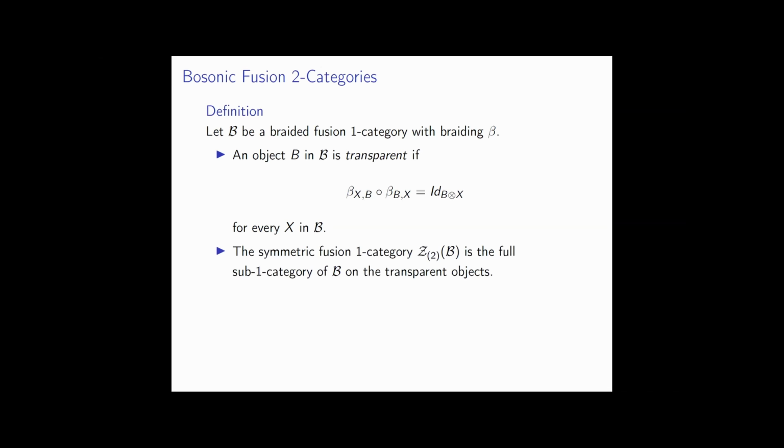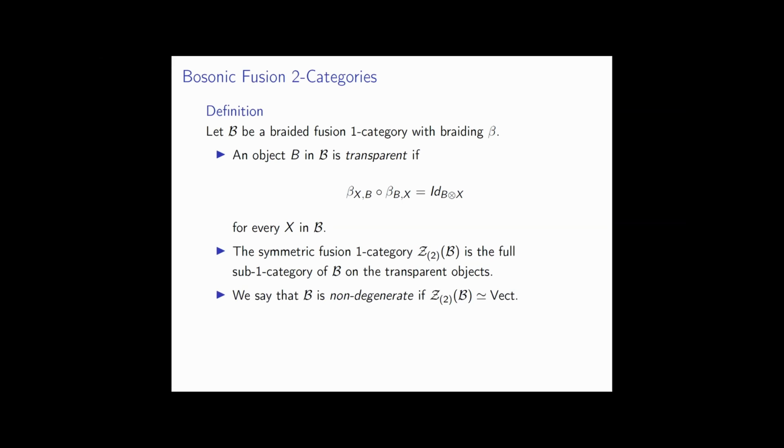And in fact, there is a corresponding center-like notation for the subcategory of these objects, this Z2 of B. And it turns out that Z2 of B is a symmetric fusion one category. Shouldn't come as much of a surprise because, again, it's some kind of center construction. And it's still fusion.